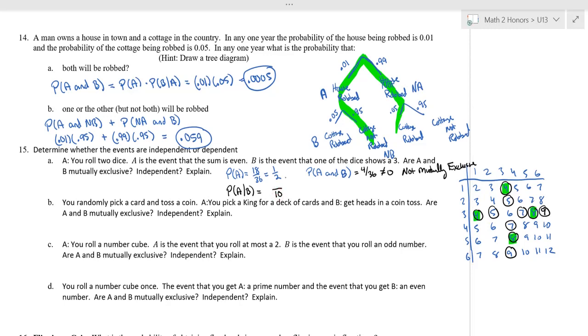And then how many are highlighted green? So out of those that are circled, how many are even? So we got 1, 2, 3, 4 out of 10. And that reduces to 2 out of 5. And notice that the probability of A is not equal to the probability of A given B. Therefore, they are not independent. So rely on these formulas to decide if it's mutually exclusive or independent.